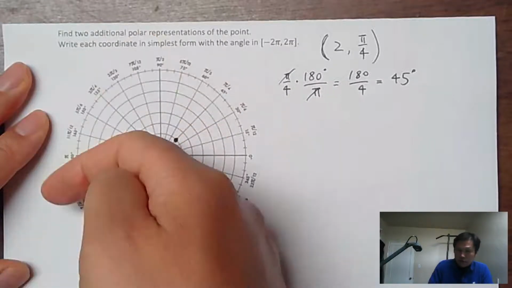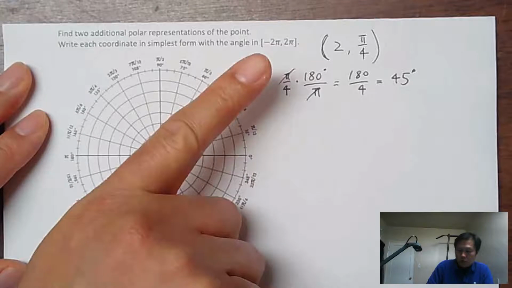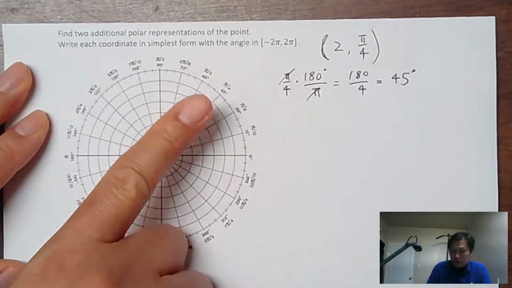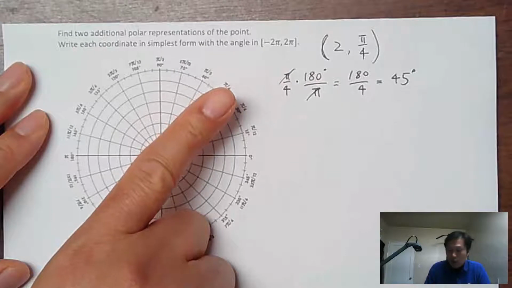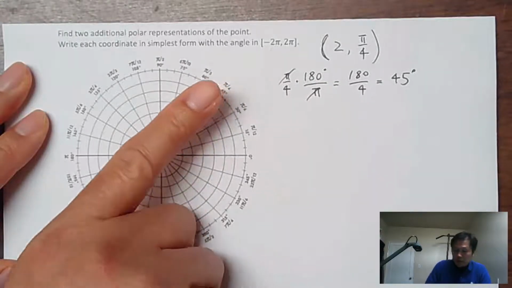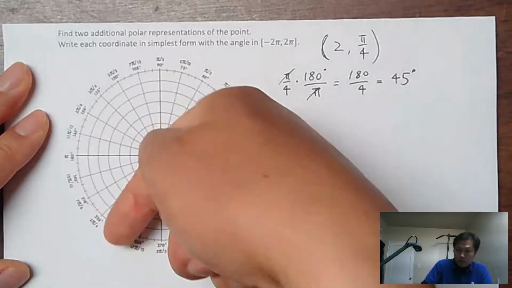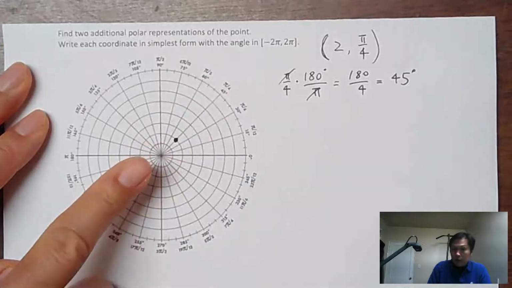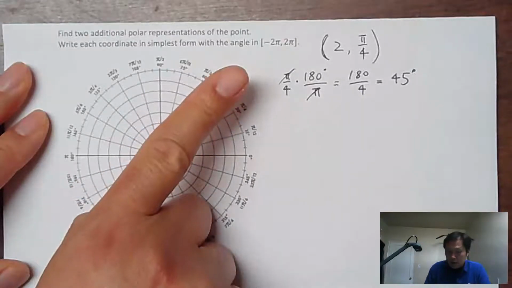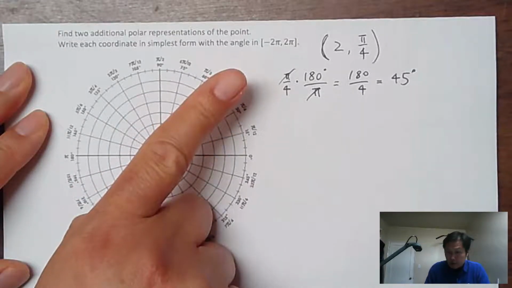So if you add 360 degree, it's gonna go all around one circle. It will still be pointing at the same point, same direction. What if we subtract 360 degree from 45 degree? It will go clockwise 360 degree. We are still pointing at the same direction.